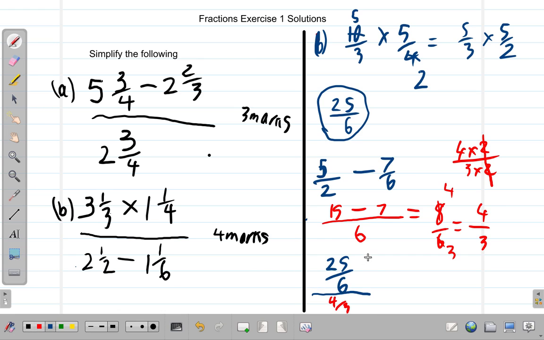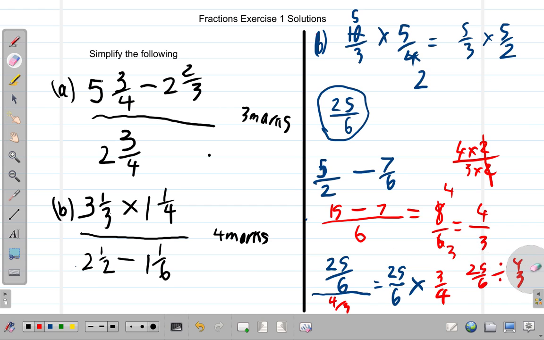Now this can be written as 25/6 multiplied by, not 4/3 but 3/4, because 25/6 divided by 4/3 is the same as 25/6 multiplied by 3/4. Now I did not write it at first as 25/6 divided by 4/3, but you should remember that, right?